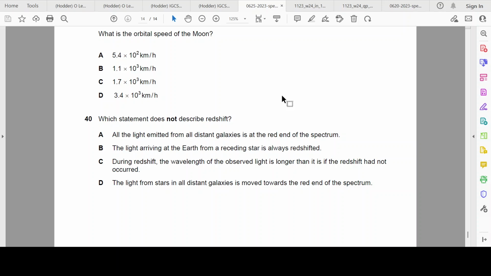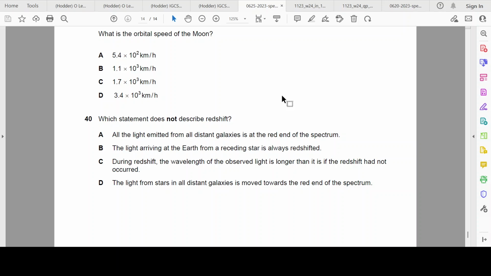A says all the light emitted from all distant galaxies is at the red end of the spectrum, so what they're saying is that the light is red to begin with, and that's not what redshift is. It might be blue, yellow, or some other color, but because the galaxy or star you're observing is moving away from the Earth, it appears to be red. It's not actually red.